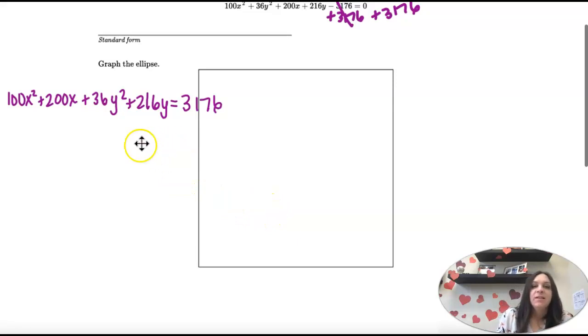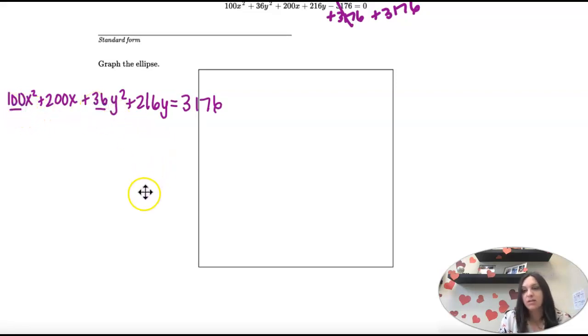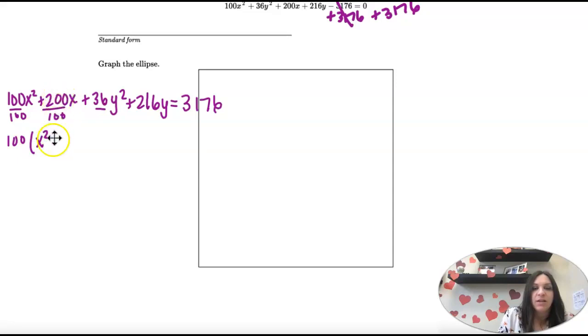Alright, so next thing is we want to take out the number next to the squareds, because we're going to complete the square. This is actually a step of completing the square. We just haven't actually had to do it yet. So you always take out the number next to the x squared. So it's the distributive property backwards. So I'm left with x squared, and then here I'm left with 2x.